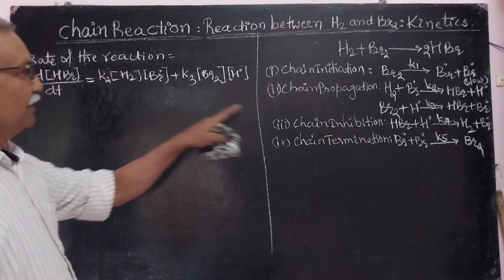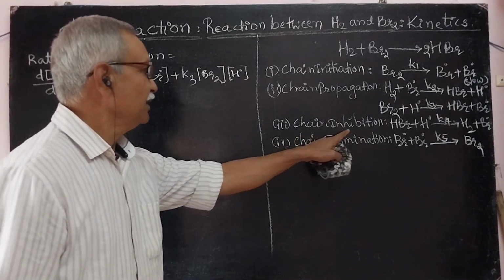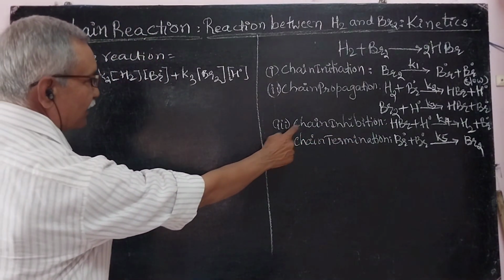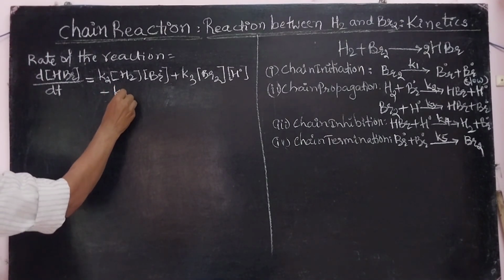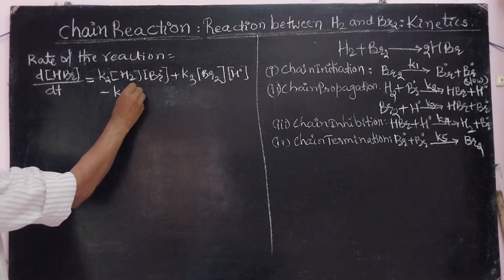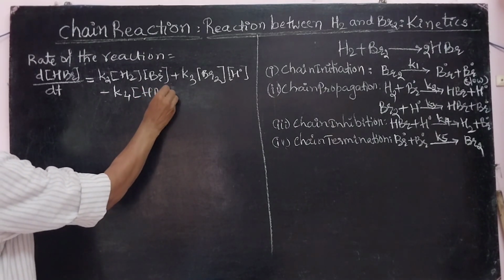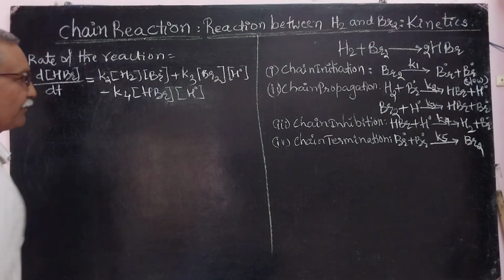Means by these two reactions HBr is formed, and by the chain inhibition step, that is the third reaction, this is consumed. Means minus K4 into concentration of HBr into concentration of H dot.